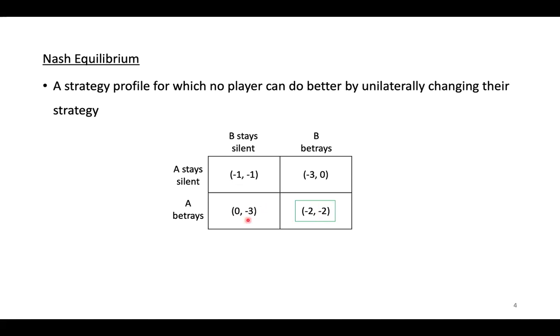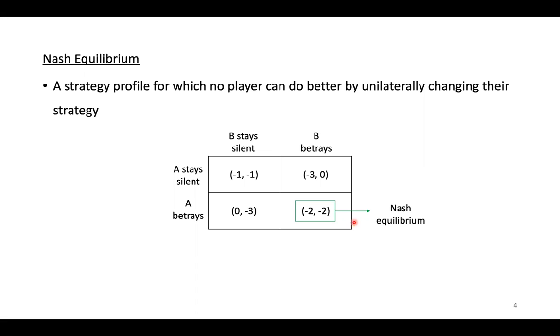So in this case, none of these agents can unilaterally deviate, which means if he assumes the other player is going to stick to the strategy profile, then he cannot do better than what he currently gets. This -2, -2, A betraying, B betraying, is the Nash equilibrium for this prisoner's dilemma case.